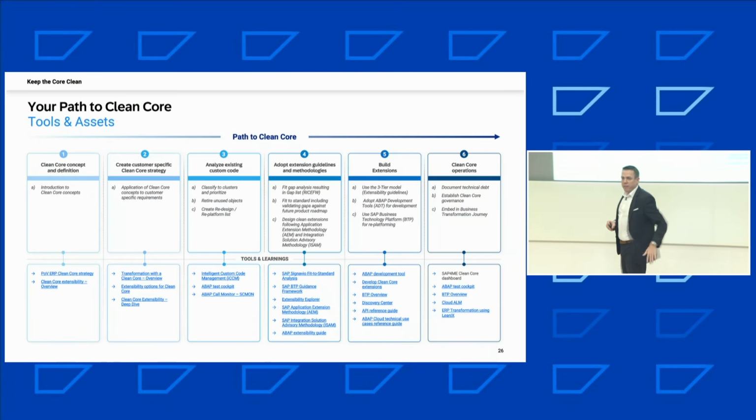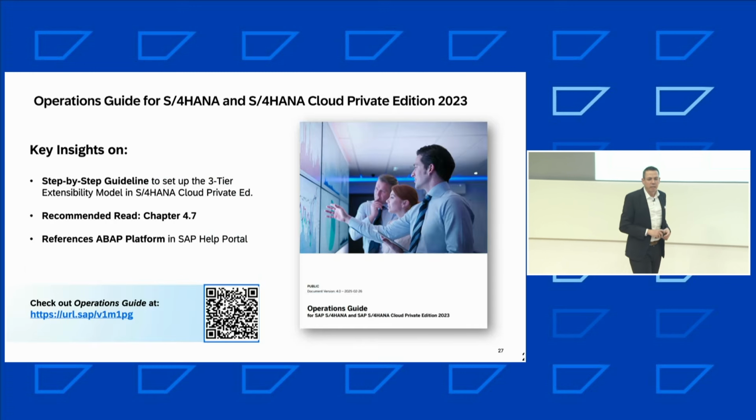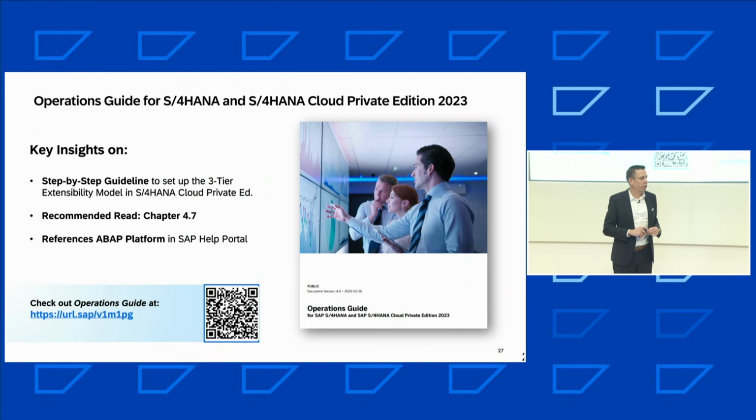I collected here a lot of links and assets that map to these different phases. You get access to the slides where you can then use these links to get additional information. And let me point out 3 additional assets. One is the operations guide for S/4HANA and S/4HANA Private Cloud.